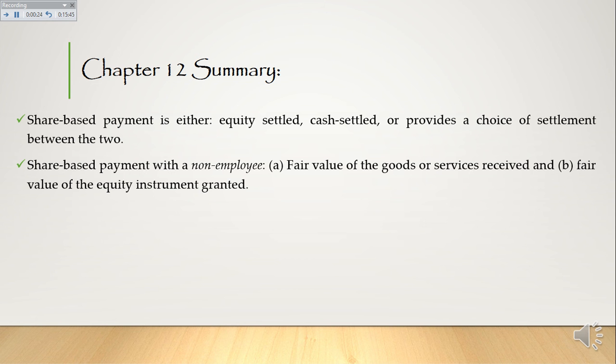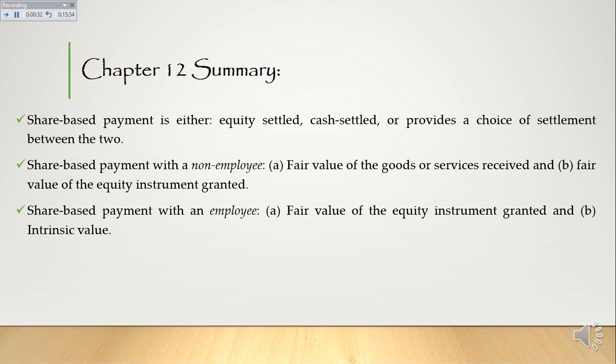Number 1, fair value of the goods or services received. Number 2, fair value of the equity instrument granted. Next, a share-based payment transaction with an employee or others providing similar services is measured using the following order of priority. Number 1, fair value of the equity instrument granted, and number 2, intrinsic value.